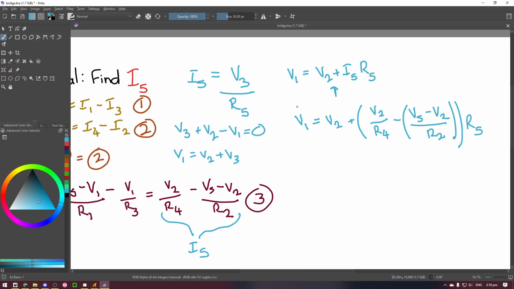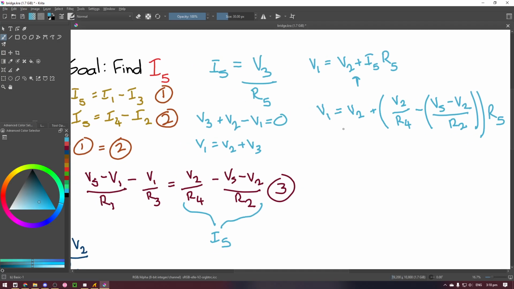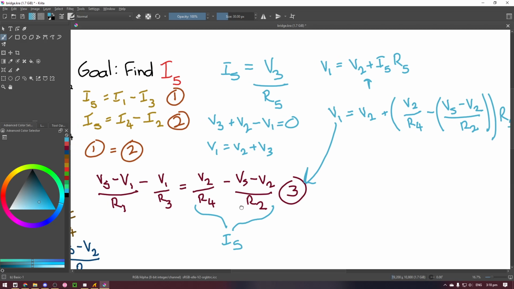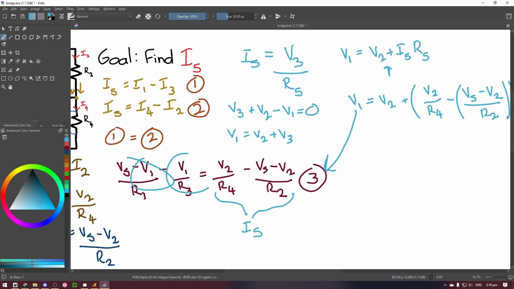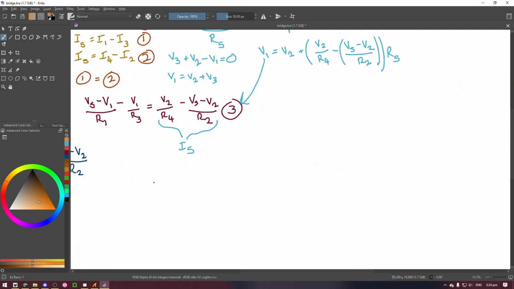Now we have an equation for voltage 1. What we can do with this V1 is we can now substitute it back into this equation, here and here. When substituting in, we want to take the V1 out of this fraction in order to not get fractions within fractions, which is hard to read.